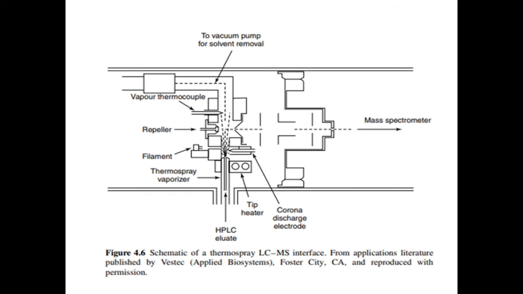The term repeller will be used henceforth for both the position and the electrode. The voltage applied to the repeller is of importance, as it has been found that at high potentials fragmentation of ions can occur.